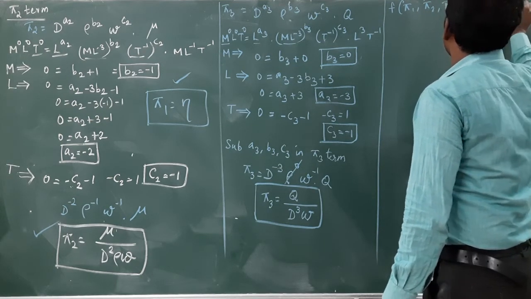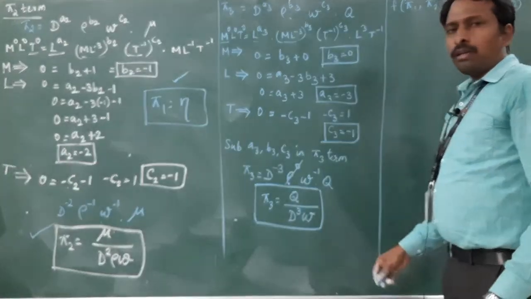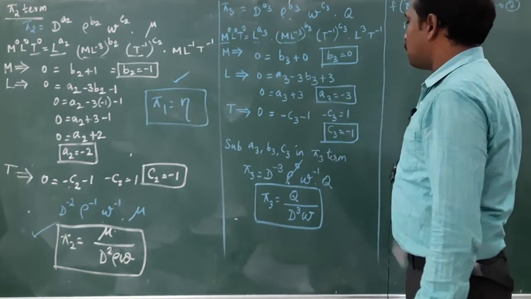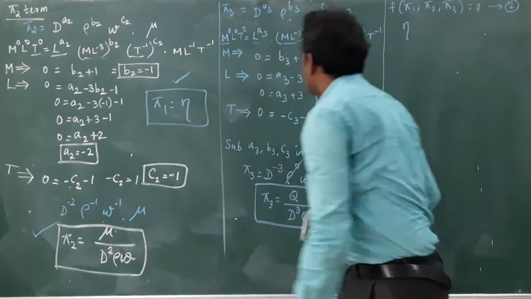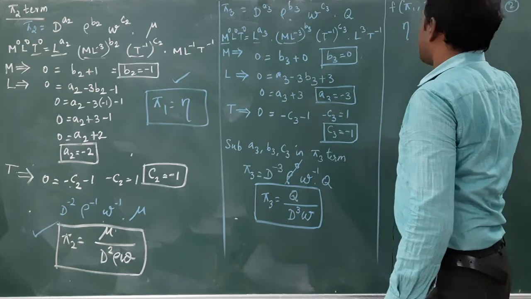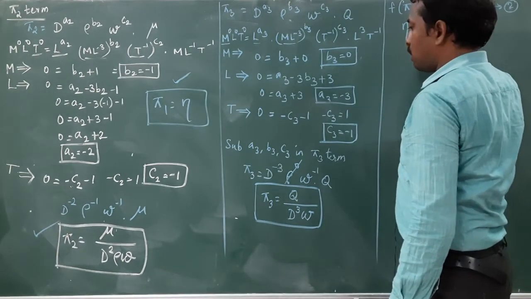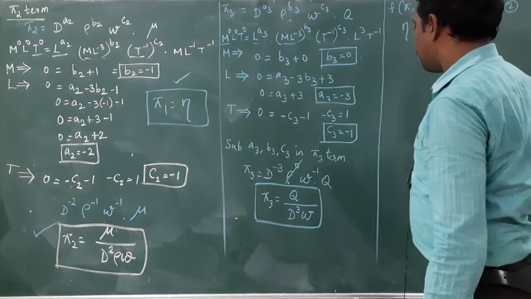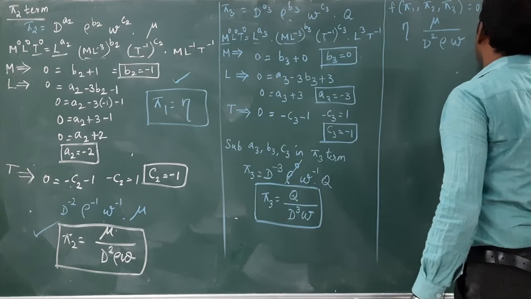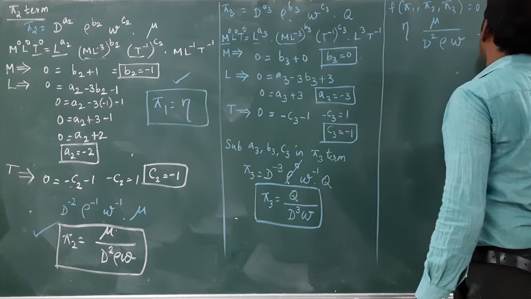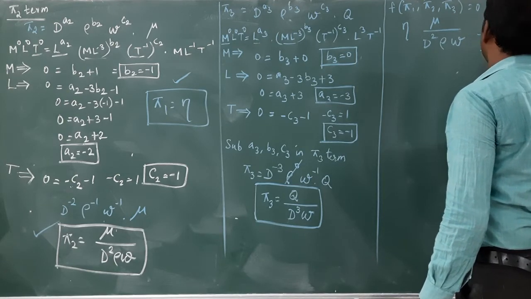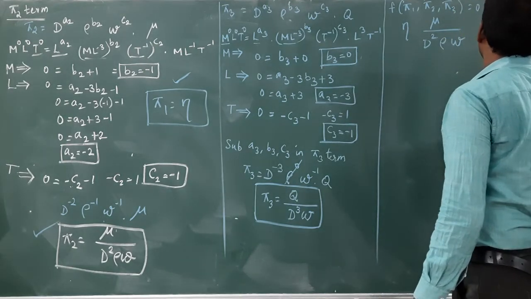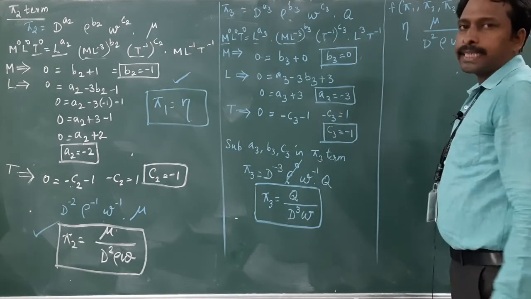Applying all the values, pi 1 is neta, pi 2 is mu divided by d square rho into omega, and pi 3 term is q divided by d cube omega, which is 0 from the second equation.